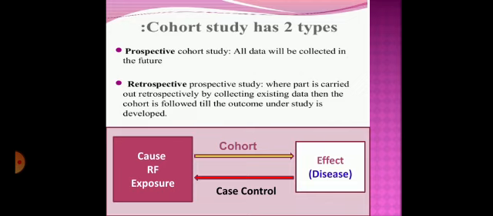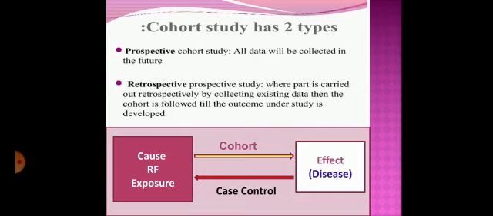While in the retrospective cohort study, part is carried out retrospectively by collecting existing data, and then the cohort is followed until the outcome develops.